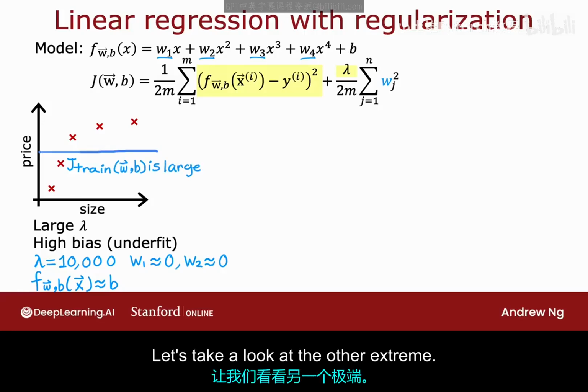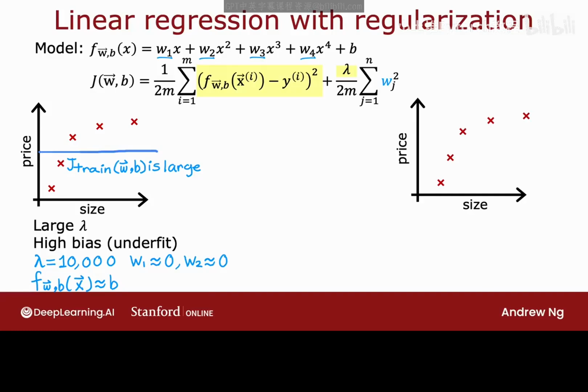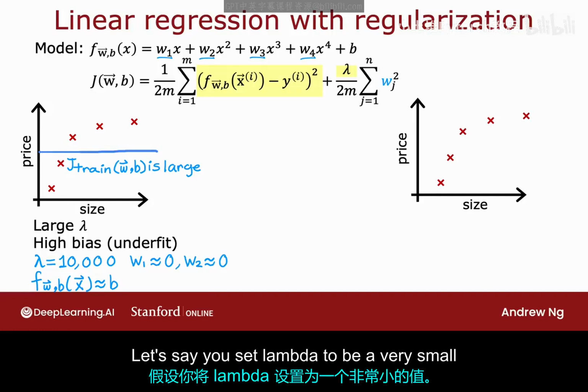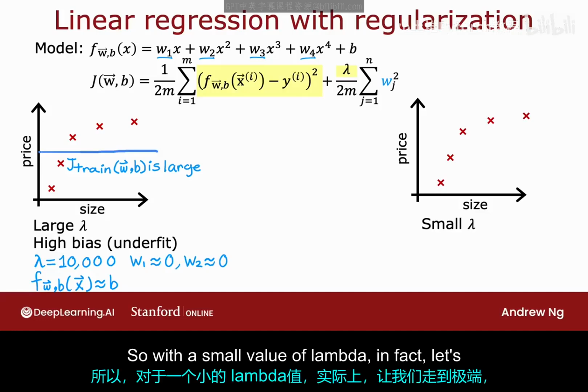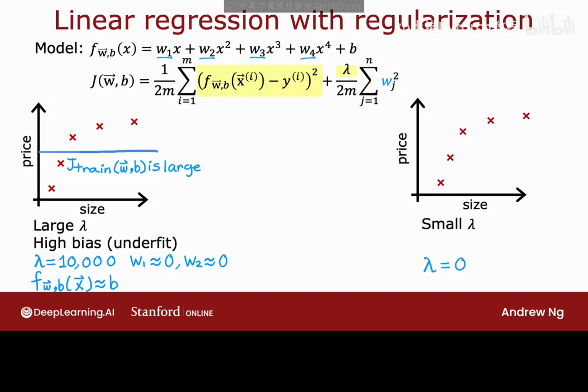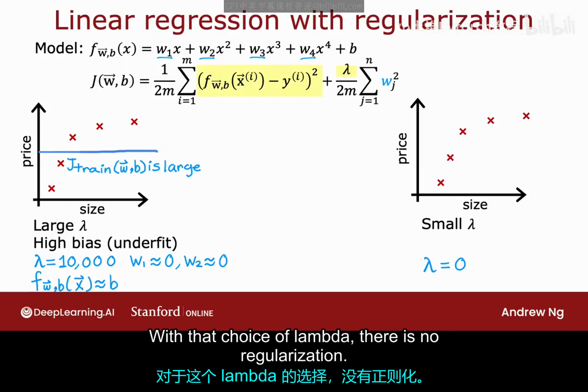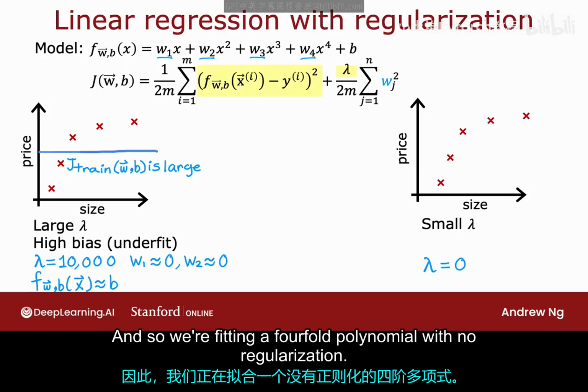Let's take a look at the other extreme. Let's say you set lambda to be a very small value. In fact, let's go to the extreme of setting lambda equals 0. With that choice of lambda, there is no regularization. And so we're just fitting a fourth order polynomial with no regularization.